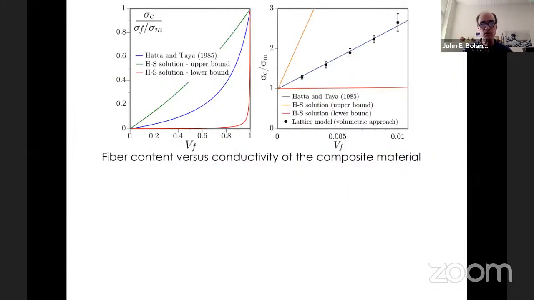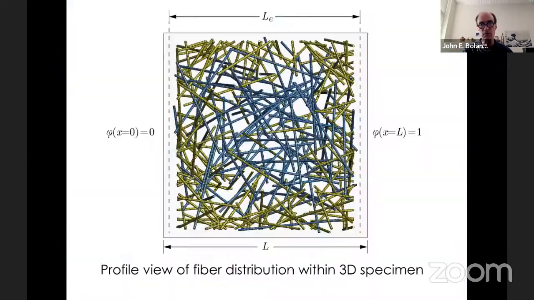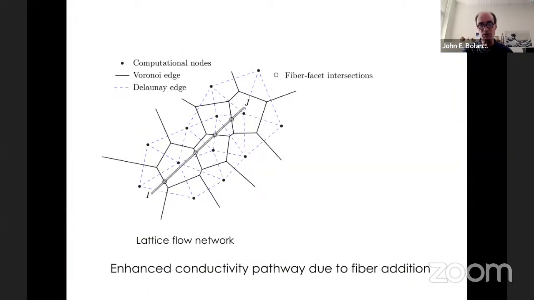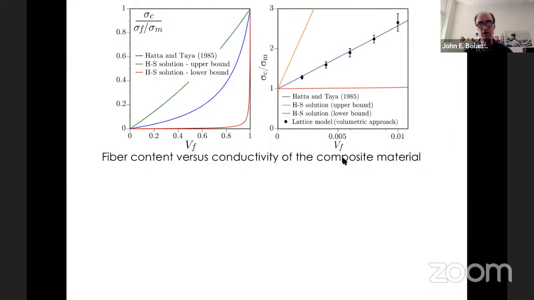And so coming all the way back to this case, now we'll do the composite simulations here, and we're comparing with theory. You have upper and lower bounds according to Hashin-Shtrikman solution.